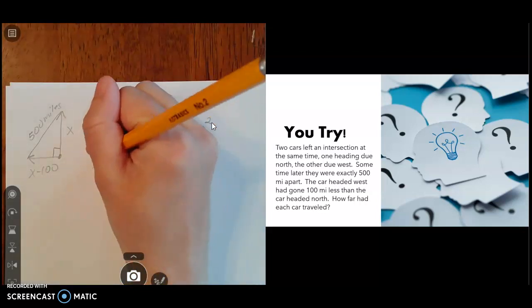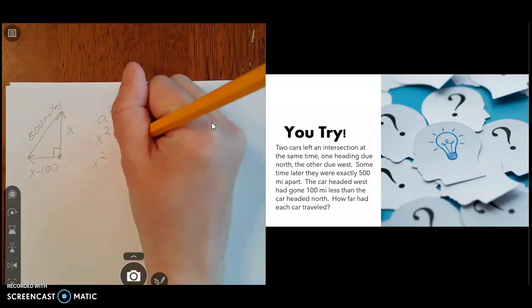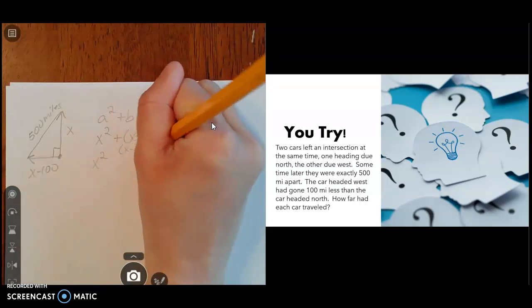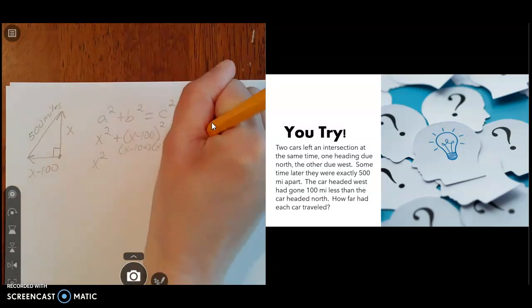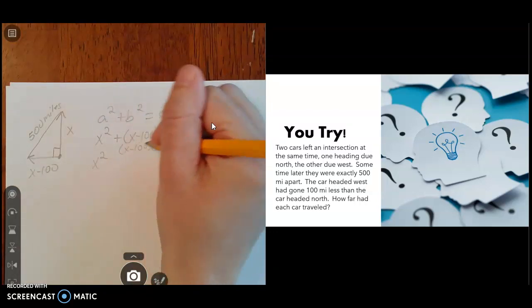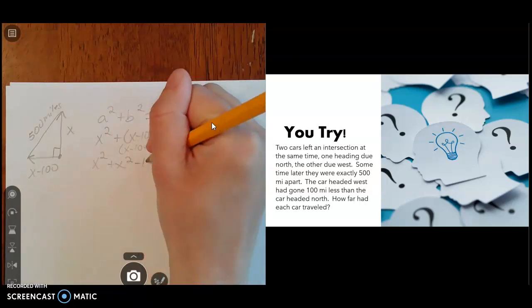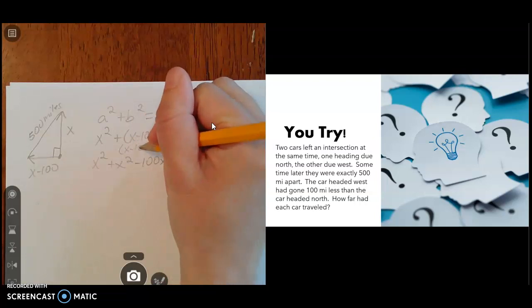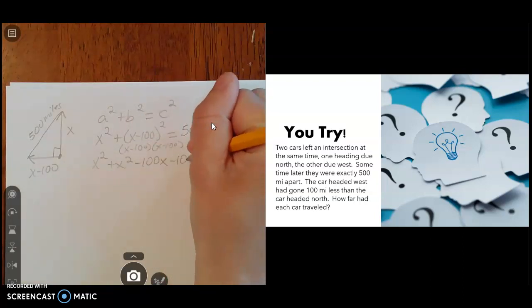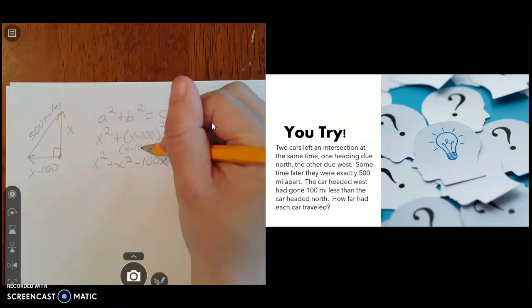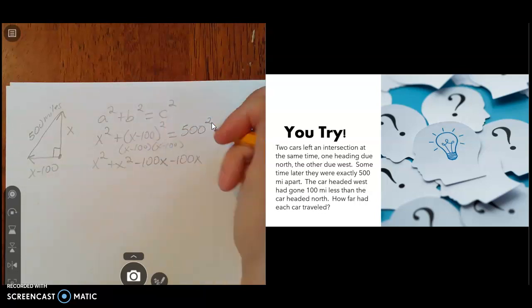So let's see, we've got X squared plus X minus 100 squared, that's X minus 100 times X minus 100. And so we have to distribute: X times X is X squared, X times negative 100 is negative 100X, negative 100 times X is another negative 100X. And negative 100 times negative 100 is a positive 10,000.